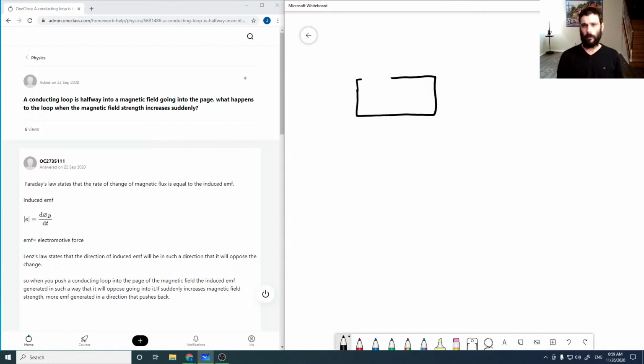And there's our conducting loop. All right. And we've got a magnetic field going into the page. I'm just going to cover it with X's, showing that it's going into the page. So there's our magnetic field.